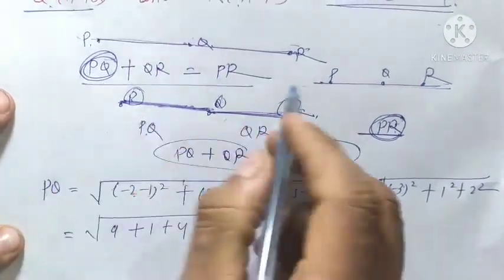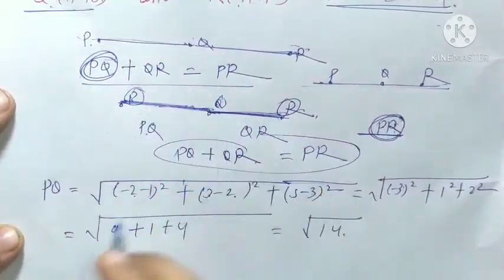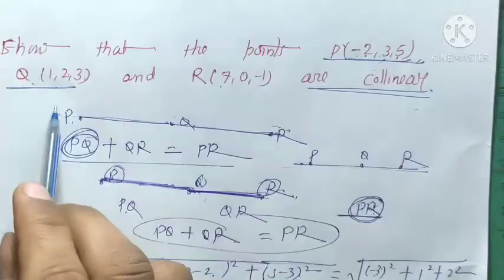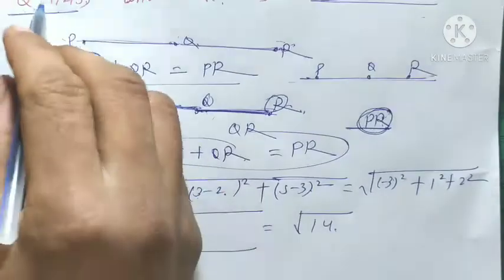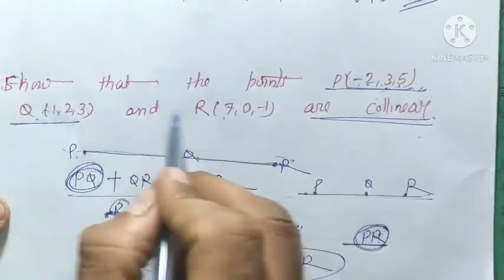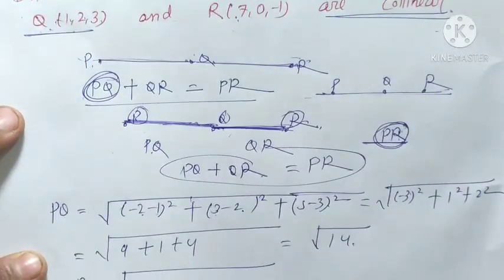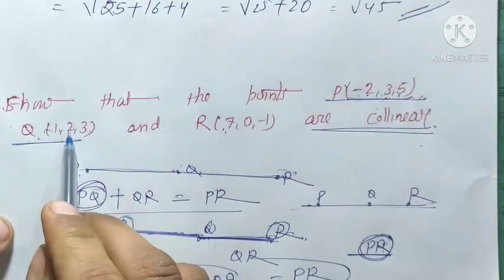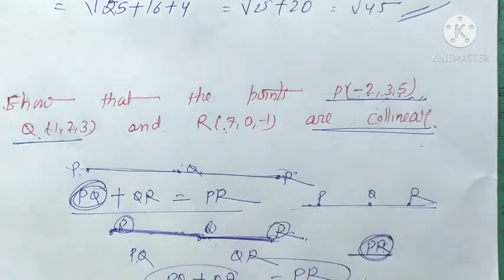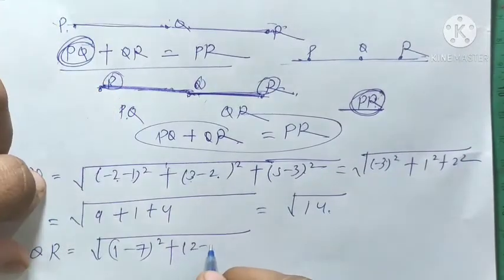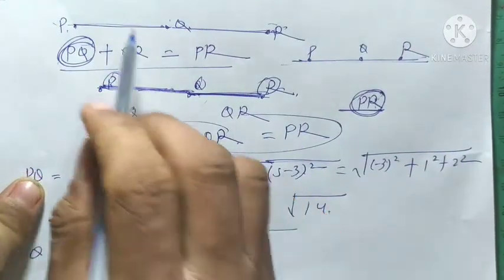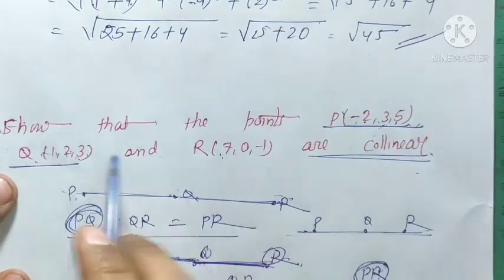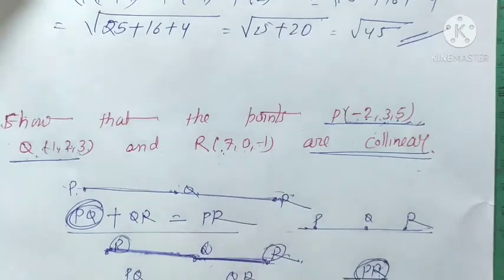Now we find the distance between Q and R. These are the coordinates already given here, Q and R. So firstly the difference, 1 minus 7. Here we write 1 minus 7 whole square plus 2 minus 0 whole square, the y coordinates, and now the difference between the z coordinates, 3 minus minus 1, finally it becomes 4.